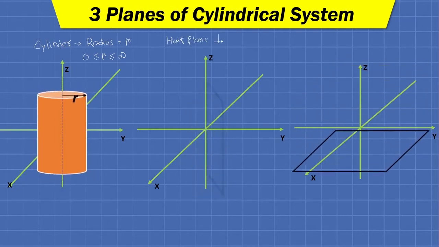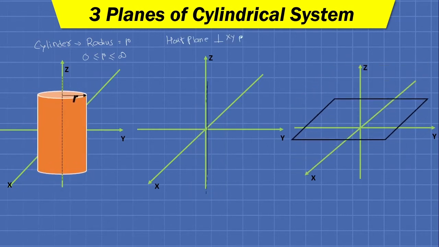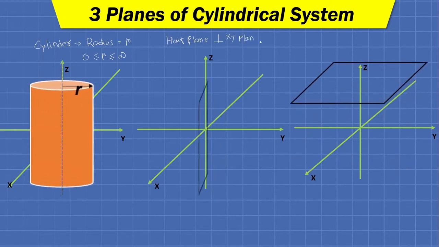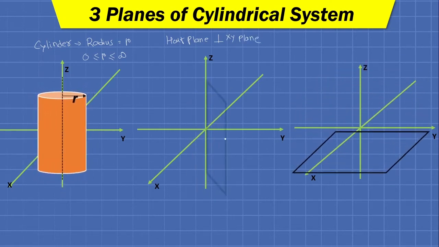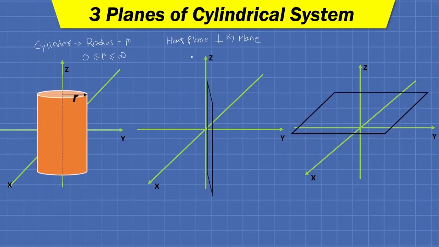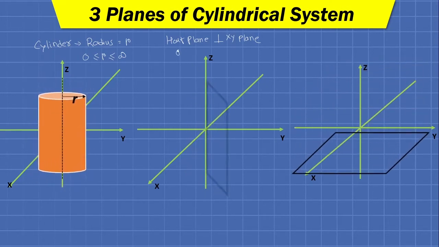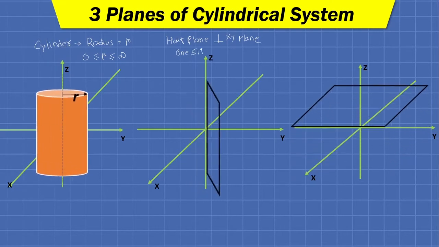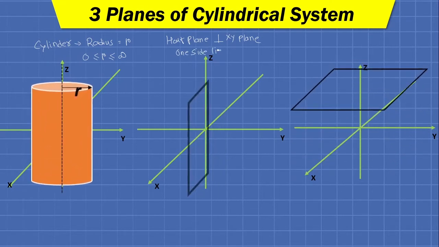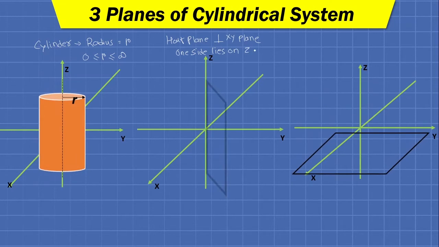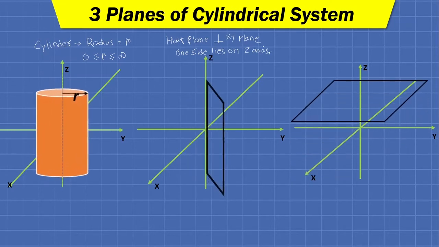The second surface of interest was a half plane which is perpendicular to the xy plane. As you can see, this black plane is always perpendicular to the xy plane. Another condition which should be satisfied was that its one side will always lie on the z-axis.